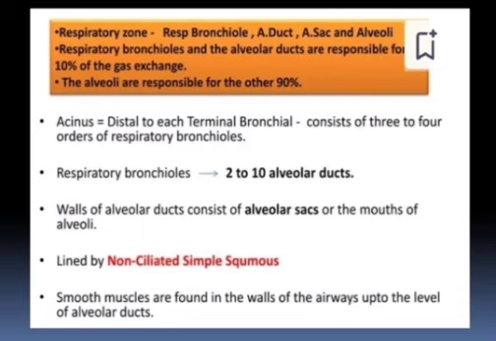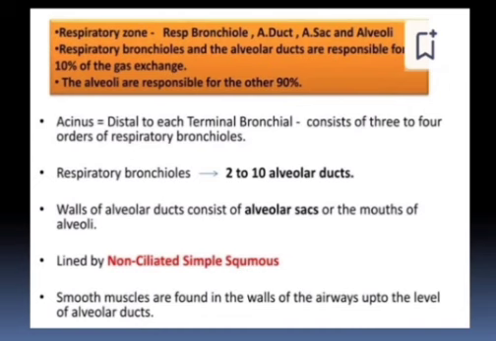These respiratory bronchioles and the alveolar ducts are responsible for 10% of gaseous exchange. The alveoli itself are responsible for the other 90% of gaseous exchange. When we get to gaseous exchange, we'll talk more on that.